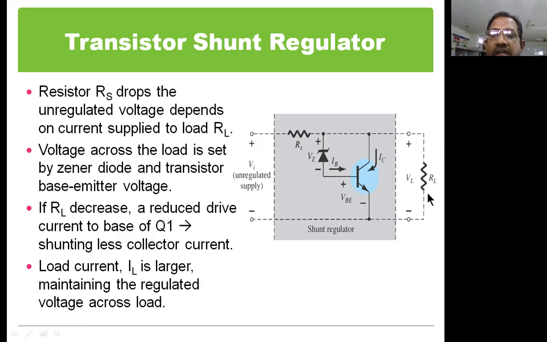If the output voltage decreases, then we should once again increase it by adjusting the current flowing through the control element, the transistor. So like this, we simply compensate for the changes in the output voltage by using the shunt control element.